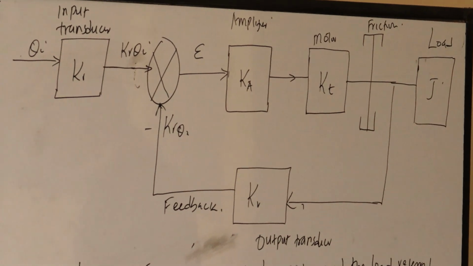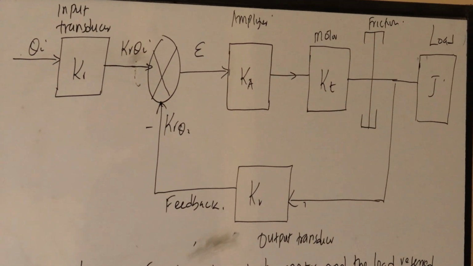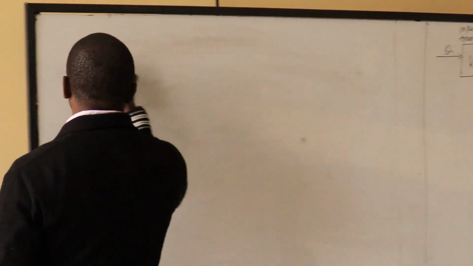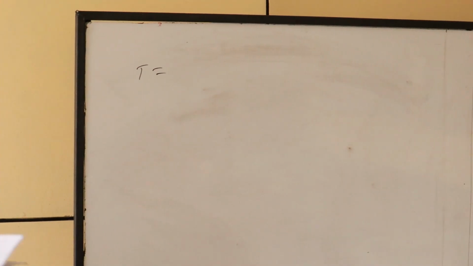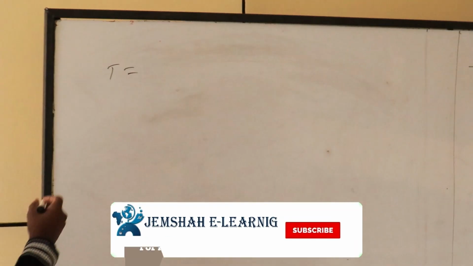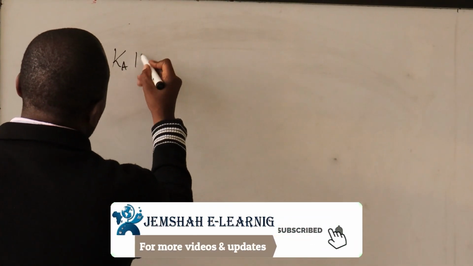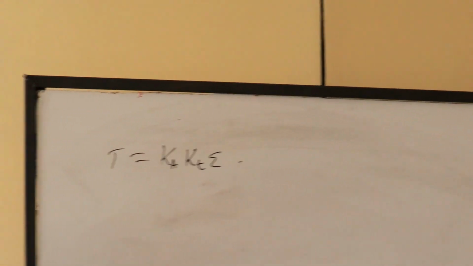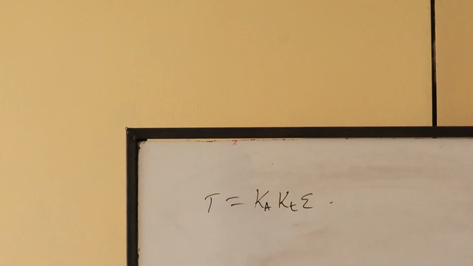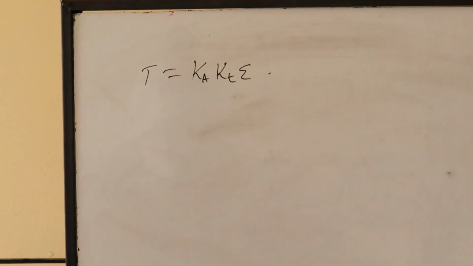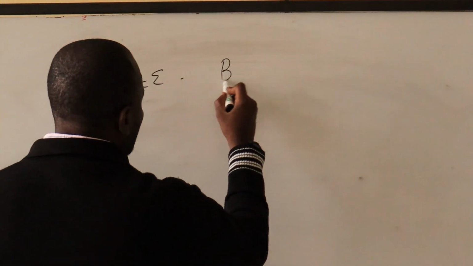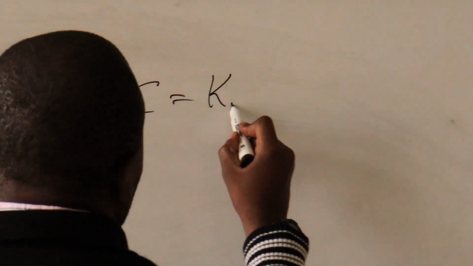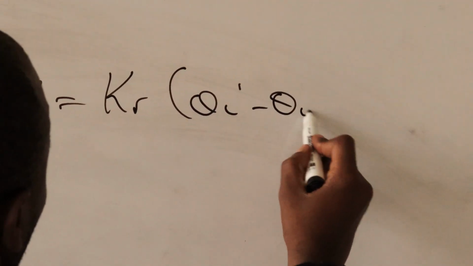So we can look at the torque. When you talk about the torque in this case, the torque T will be given by Ka, Kt times the error. That is the torque as far as this is concerned. Then from there, we know what the error is. We said that the error is equal to Kr into theta I minus theta out.